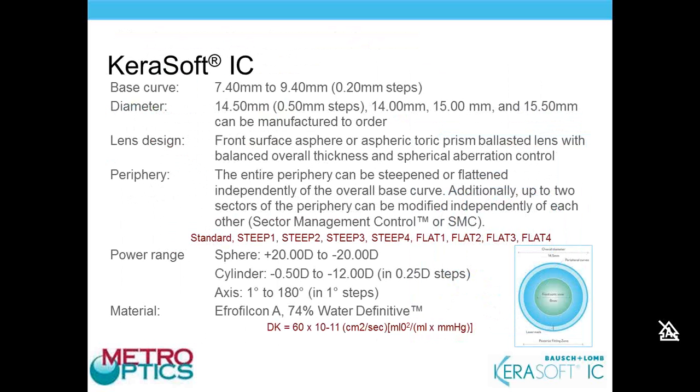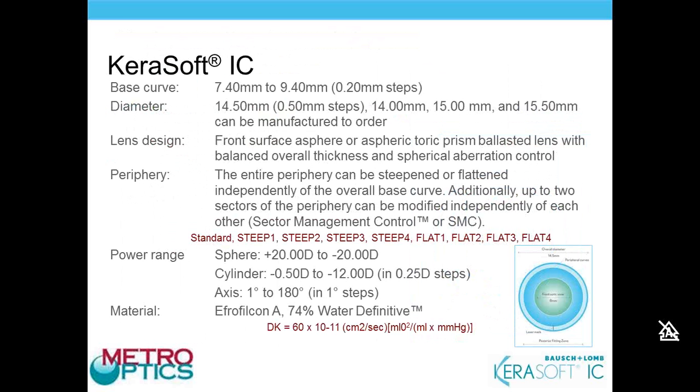The lens is stabilized with a prism ballast, and another feature is that the periphery can be steepened or flattened independently of the overall base curve. So what's nice is we might have those challenging corneal transplants, for example, and oftentimes they have an oblate profile. That means they're flatter in the center and steeper in the periphery.